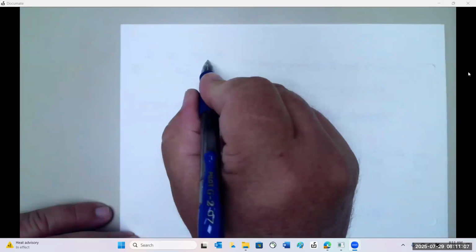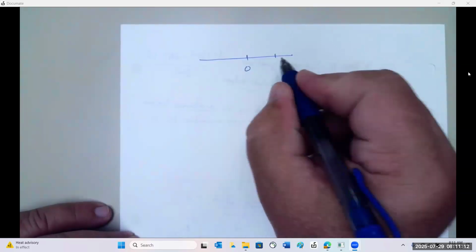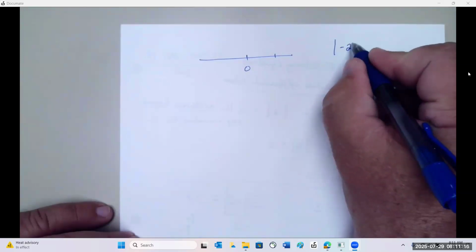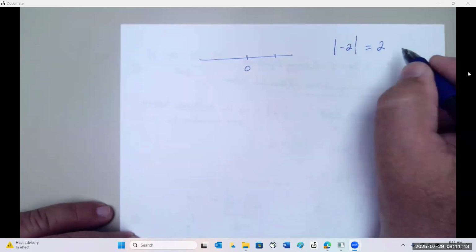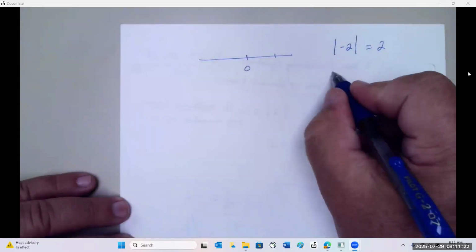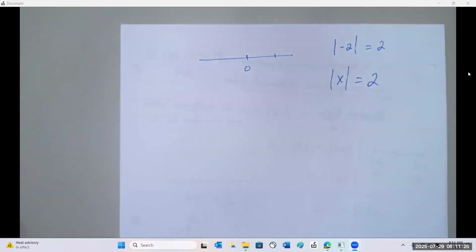All right. Because of that, if I said the absolute value of negative 2 is 2, or if I said the absolute value of any number is 2, what are my possible answers?